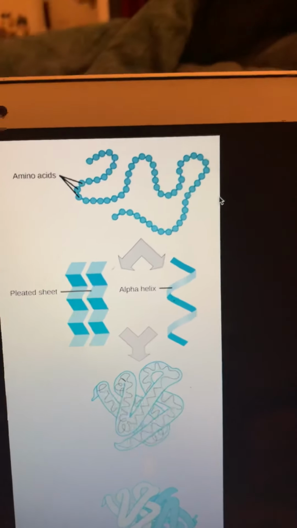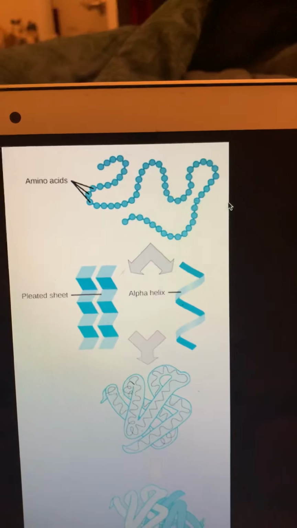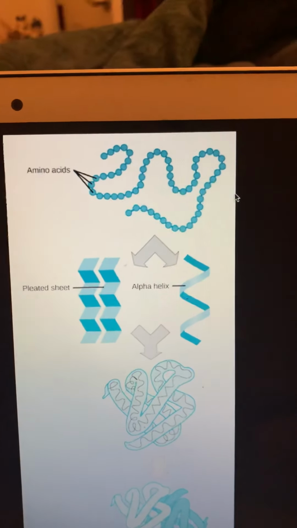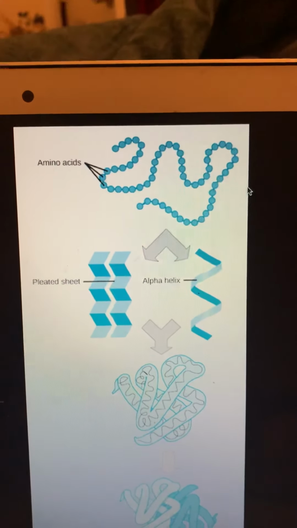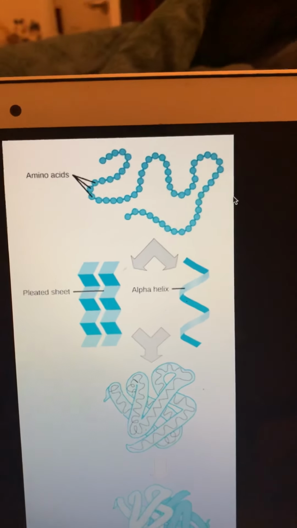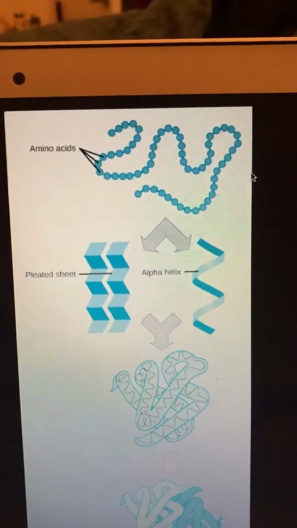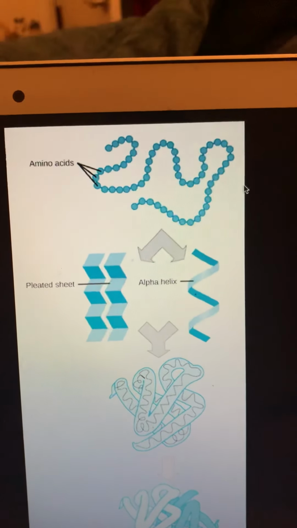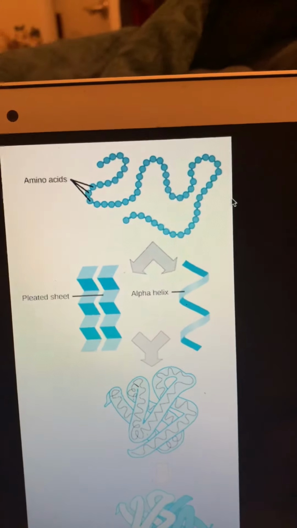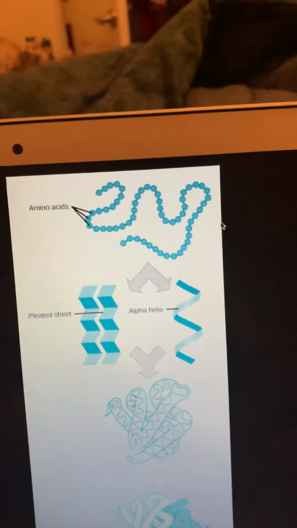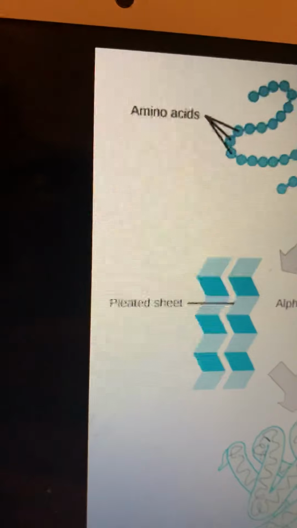And then the secondary structure is determined by how the polypeptide's backbone is formed, or folds. That can either be an alpha helix, which you see over here, or the beta pleated sheets, which is what you see over here.